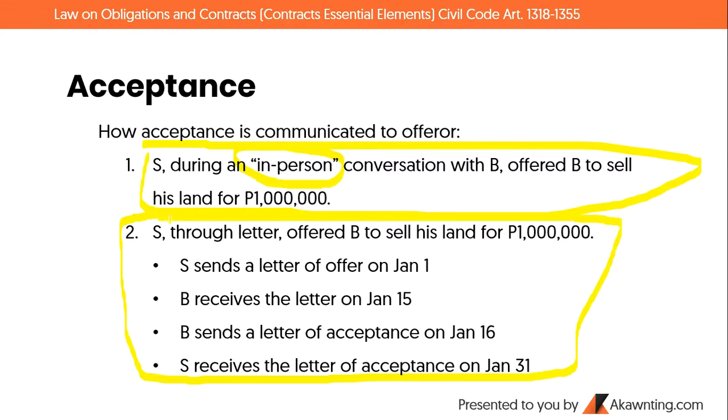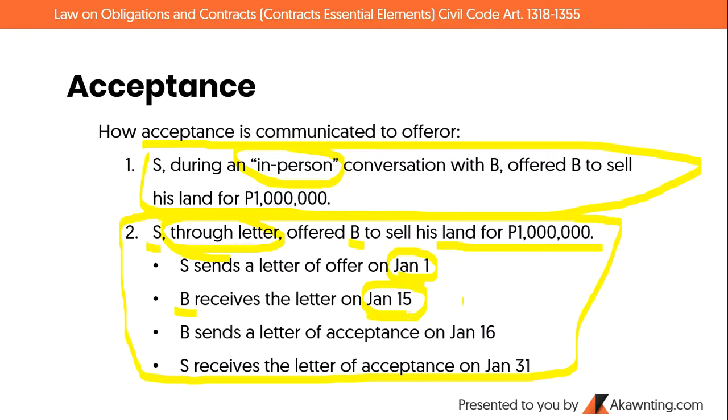So, let's say number 2 in this case. Okay? S, through letter, offered B to sell his land for 1 million. So, kailan niya ginawa at sinend yung letter? Nung January 1. Pero na-receive lang yun ni B on January 15.